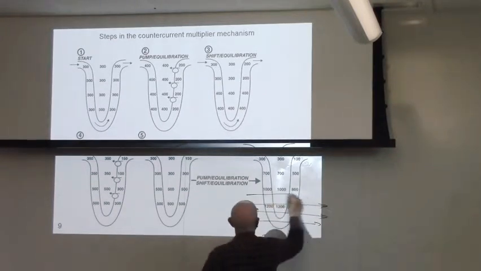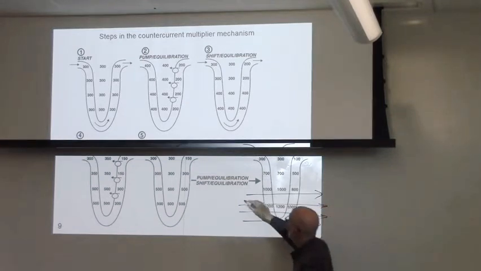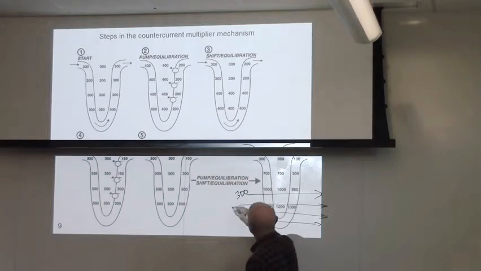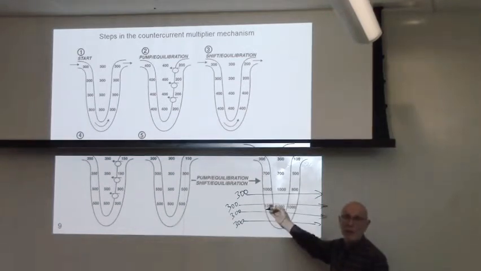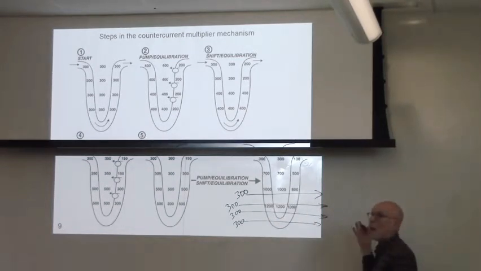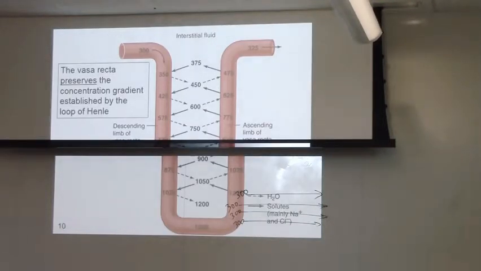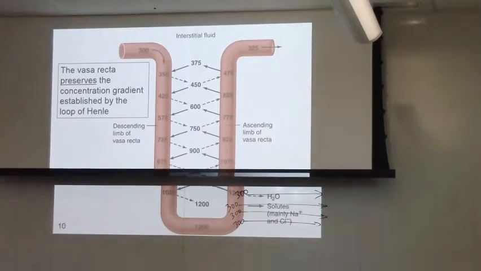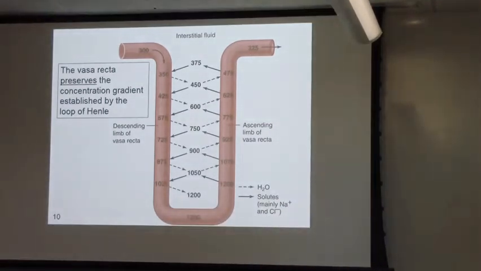But if we had blood flow that looked like this, the solute gradient would get washed out, because we had 300 milliosmoles flowing in, and we have water permeability here, and so we would be washing out the gradient that we've worked so hard to build. But we don't do that, because the blood flow of the vasa recta parallels the loop of Henle flow.